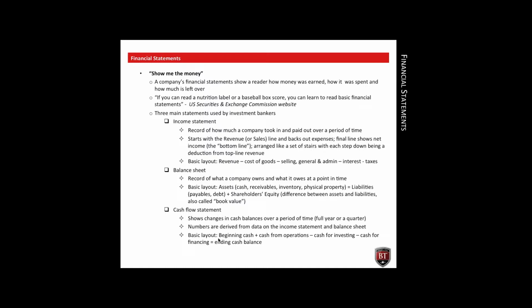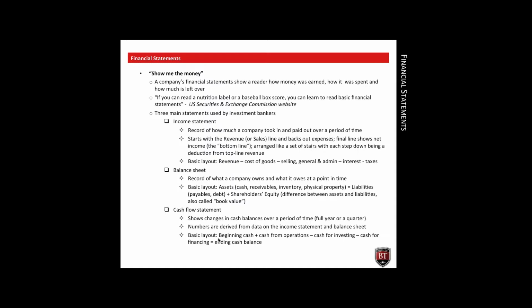The basic layout for the balance sheet is to start with assets, which include cash, accounts receivable, inventory, and physical properties, things like machinery, stores, office space if owned. And then the next section down is the liabilities, which includes payables to vendors, payables to the government, payables to employees, and debt.